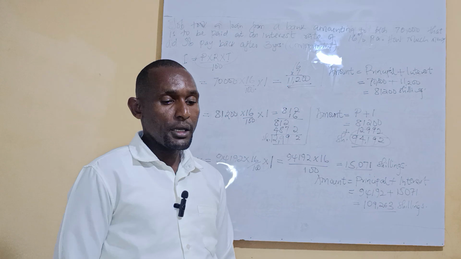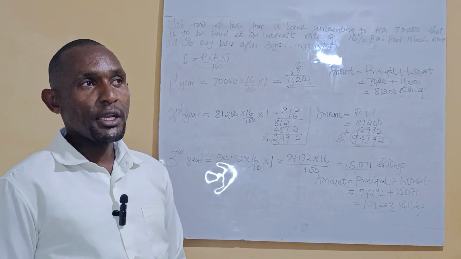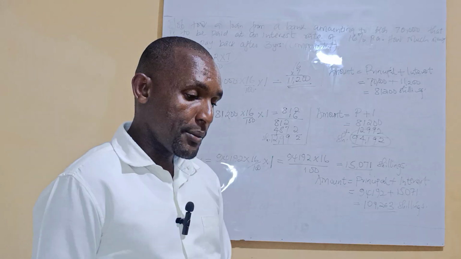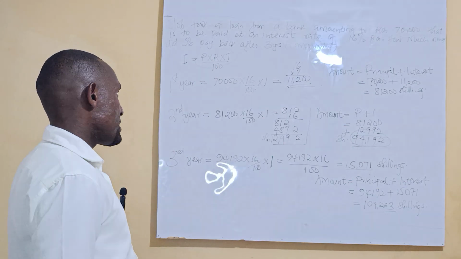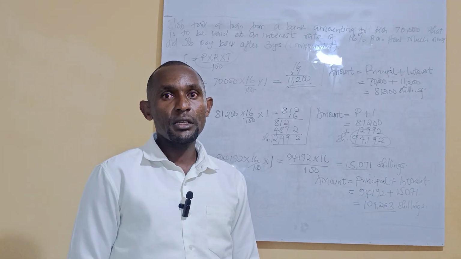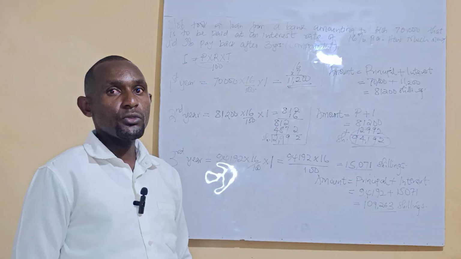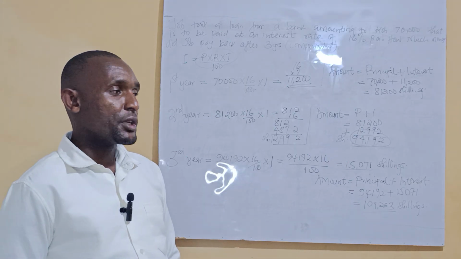There is a simpler method to work out this one using the compound interest formula. So this is just an introduction so that you understand how compound interest works and how you are supposed to handle any question that is brought.